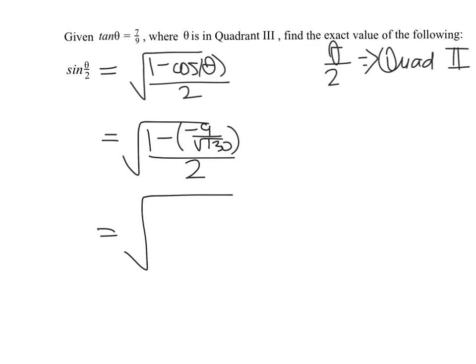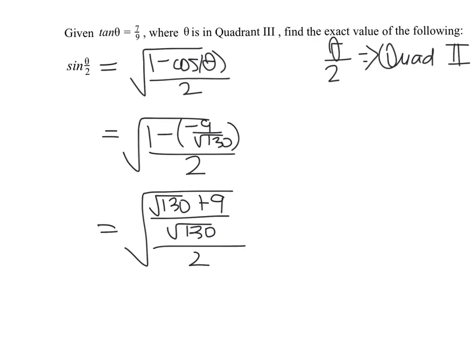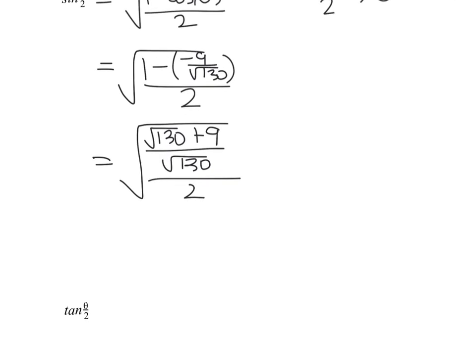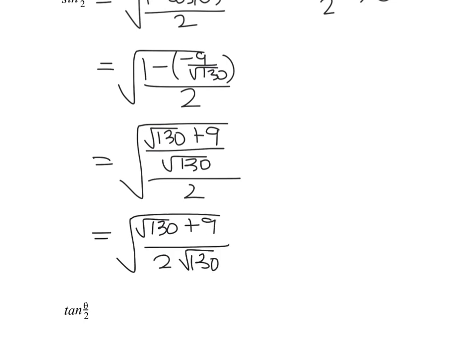So 1 is square root 130 over square root 130, so we get the square root of 130 plus 9 all over the square root of 130 all over 2. When I'm dividing this fraction, I'm still going to multiply the denominators, so we end up with the square root of radical 130 plus 9 over 2 radical 130. And we're not actually going to be able to simplify that further.